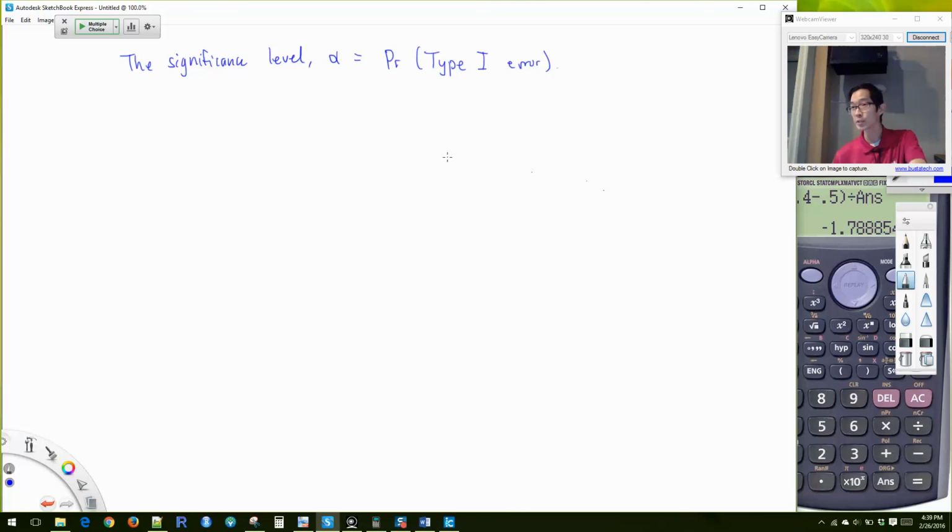So if alpha is equal to 5%, when we conduct a hypothesis test, we are basically acknowledging that I might make a type 1 error about 5% of the time. So we are quote unquote willing to make type 1 error 5% of the time.